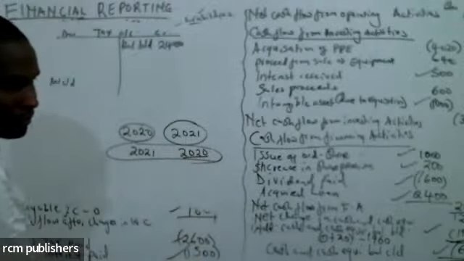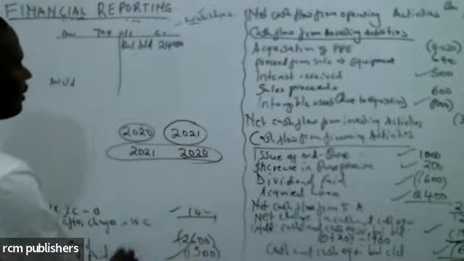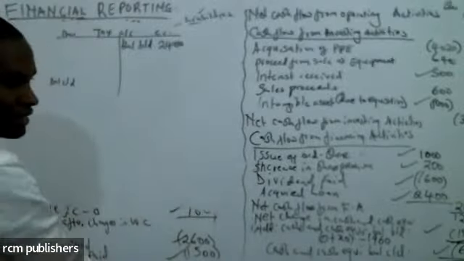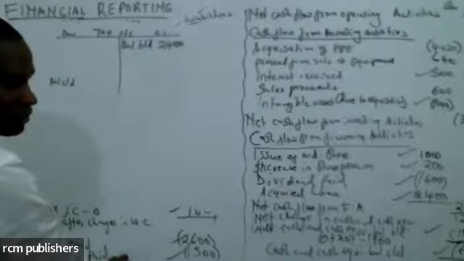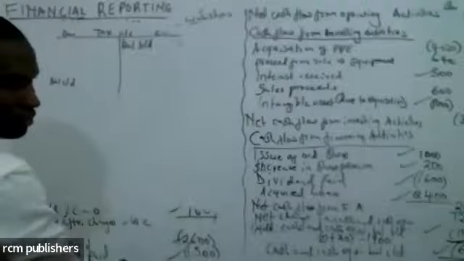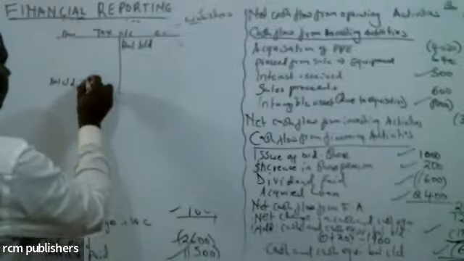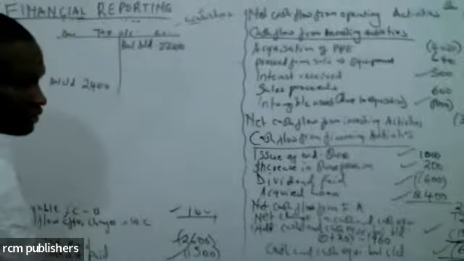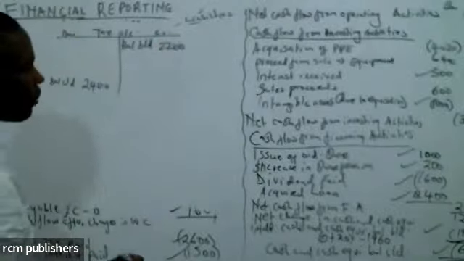Sawa. So Lillian, kindly, can you check year 2020? Sawa. So hii ni 2,400 na hii ni 2,200. Lillian still tuko kwako. Asante.